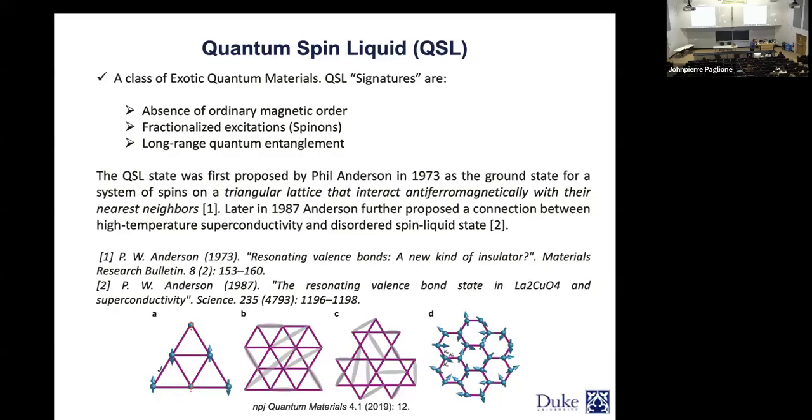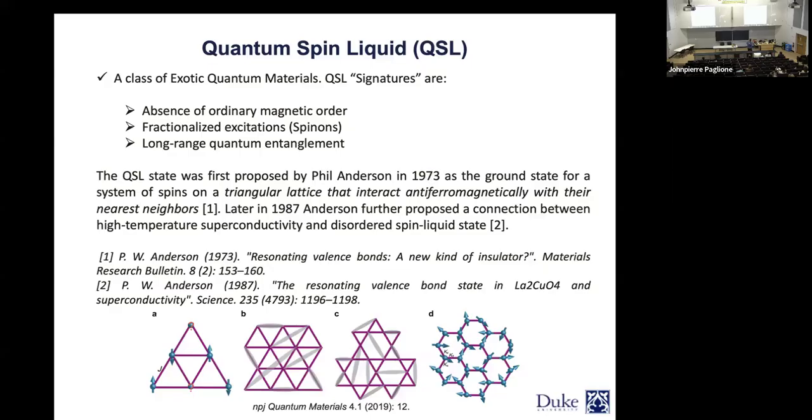In 1973, Anderson first mentioned that there would be a resonating valence bond which induces quantum spin liquids in triangular lattices, and he also mentioned a connection between quantum spin liquids and unconventional superconductivity. So it's important, and it does have very flagship characteristics.